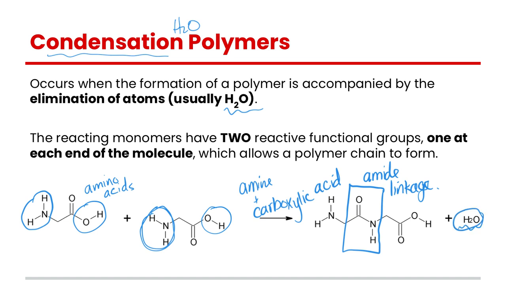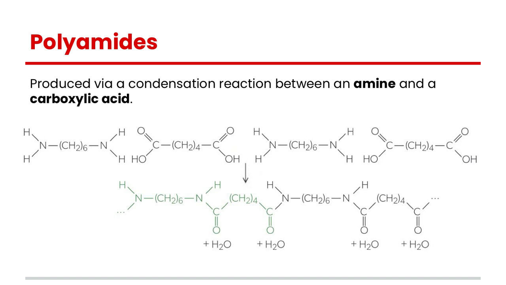And then we're creating a molecule of water each time we do this reaction to grow this particular polymer chain. So polyamides in general, polypeptides was one example of a polyamide, but there's lots of examples out there. And like I said previously, they're produced through a condensation reaction between an amine and a carboxylic acid.